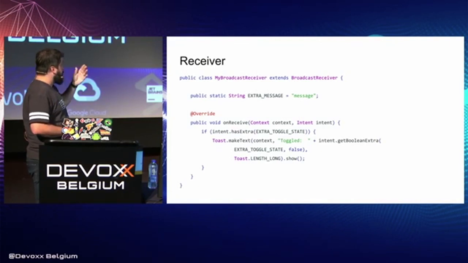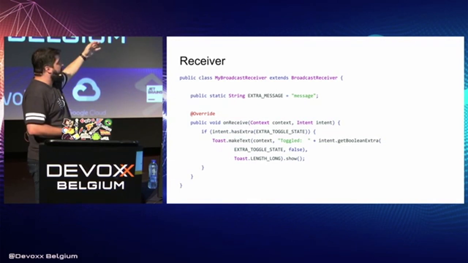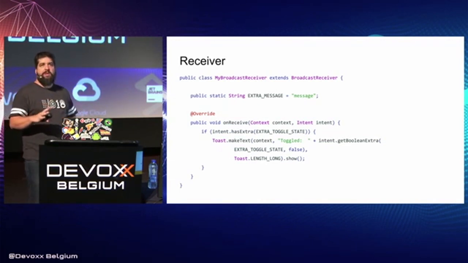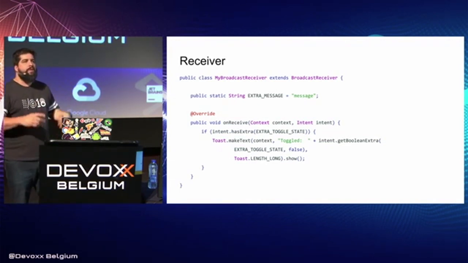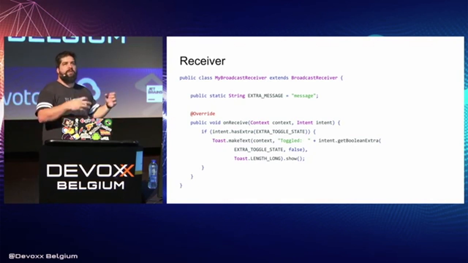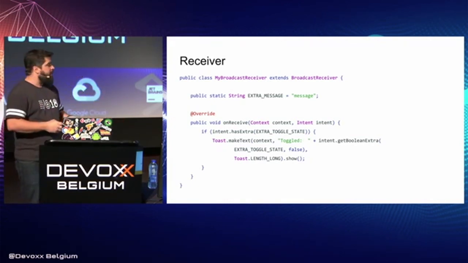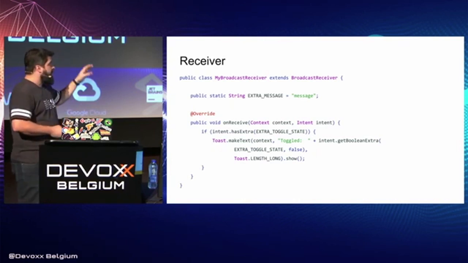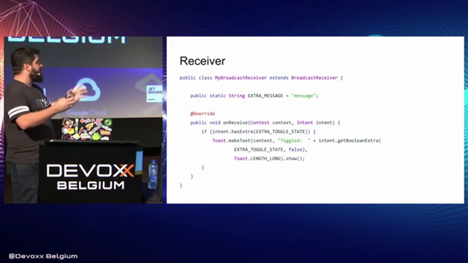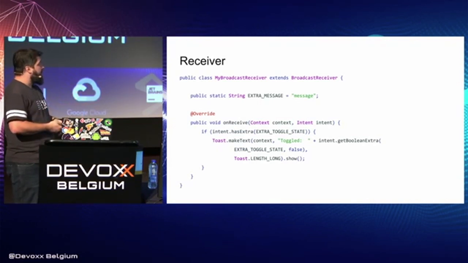And here is the receiver. Of course, just a sample, we are showing a toast. But again, it's the regular broadcast receiver you use on Android. Remember the time limit, the kind of broadcast you can use, and all the limitations you could find. But in this case, you are just showing a toast and saying, okay, toggle. And then you can check here.